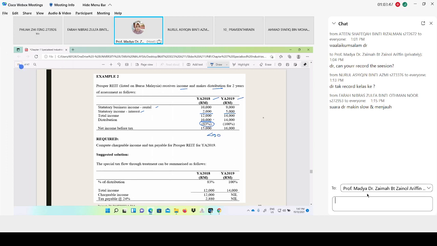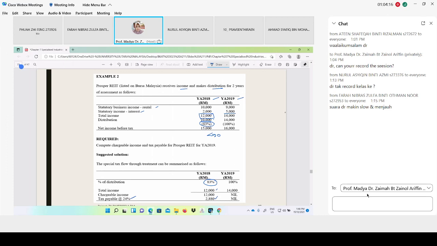Okay, when 83%, this is less than 90%. When less than 90%, the total income will be taxed at the corporate tax rate. So the 12,000 just now is not exempted from tax because the distribution is lower than 90%. So it will be taxed at 24%. Okay, that is 2,880.